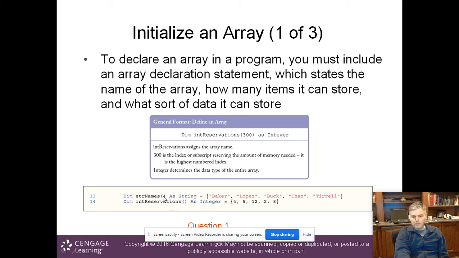We could actually put a number in here as well and just declare a 5-element array or a 10-element array, whatever it may be. Just different ways of doing things. So our first question here is, how do you tell the difference between an array declaration and a regular variable declaration? When you're looking at a declaration, how do you tell the difference between a regular variable and an array variable?